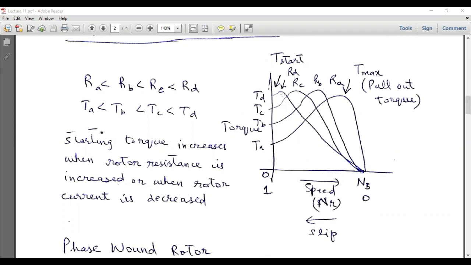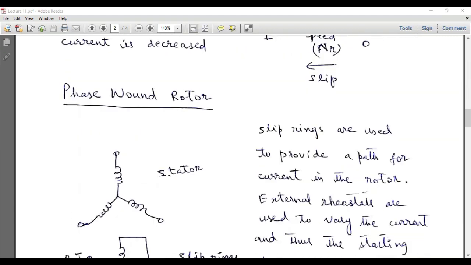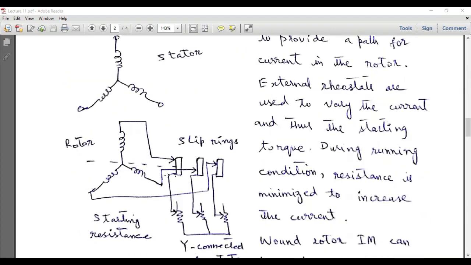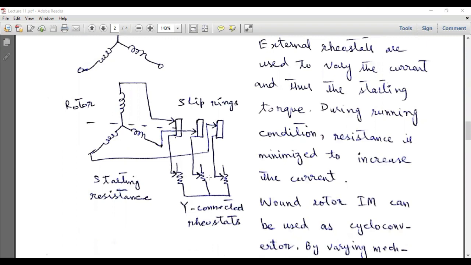And when the motor starts shifting towards the running mode, the value of this rotor resistance should be decreased to get the highest value of the running torque. So these variable resistors are positioned at maximum values at start, and at the running condition these values of resistances are decreased to get the highest values of the running torque.